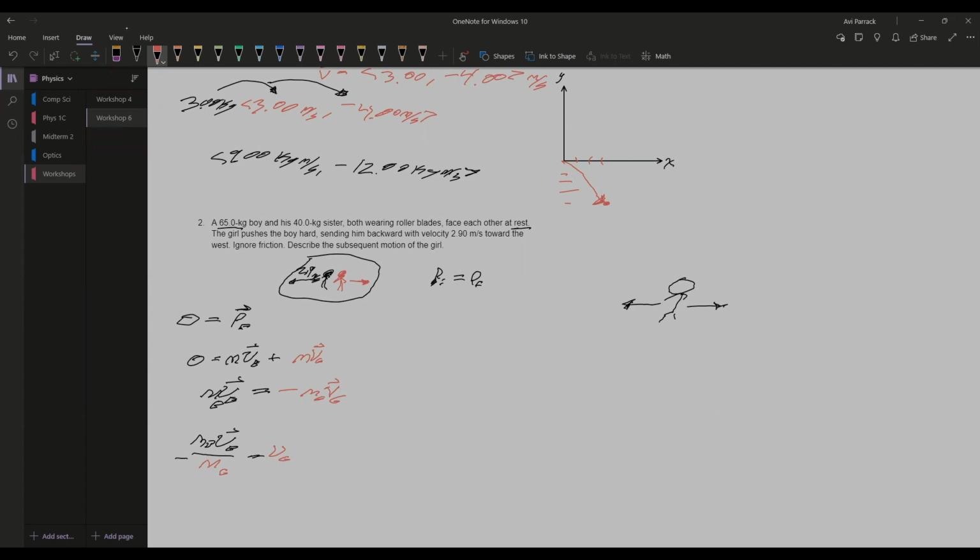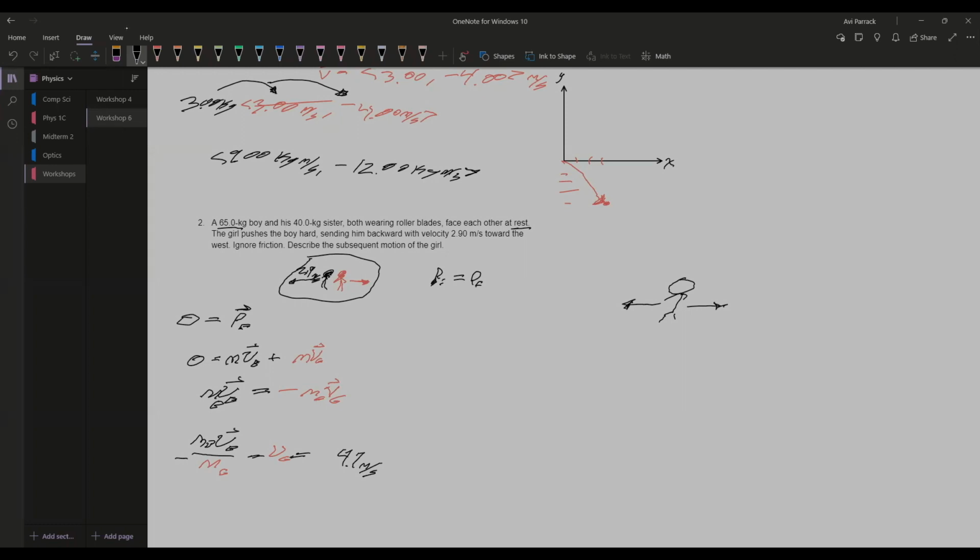What does that give me? That gives me a velocity of 4.7125. I'm going to round and say 4.7 meters per second.